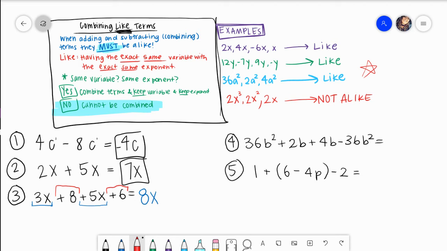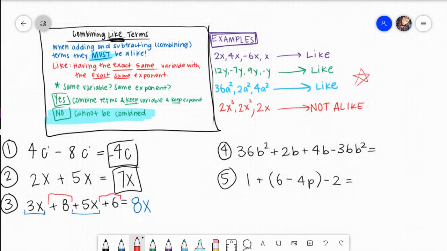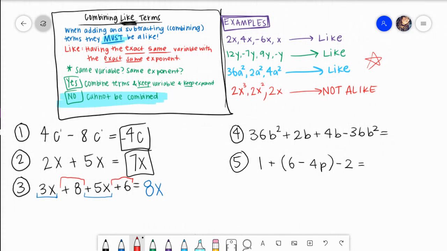Well, you can only have an exponent if you have a variable, right? But neither of them have a variable. So since neither of them even have a variable, they are alike in that sense and they can be combined. So if you look at 8 and you look at 6, their signs are the same. So what you would do is you add and you keep.